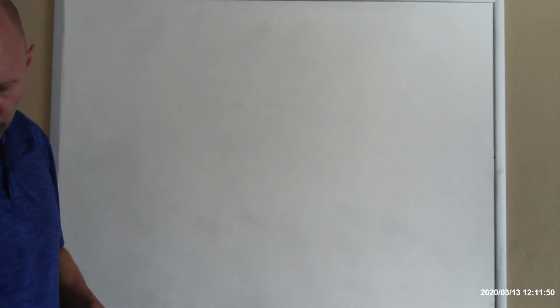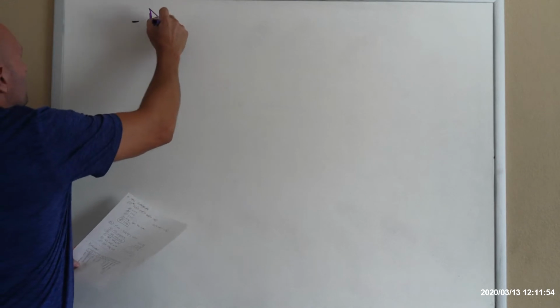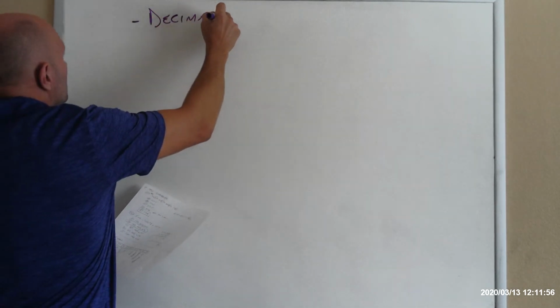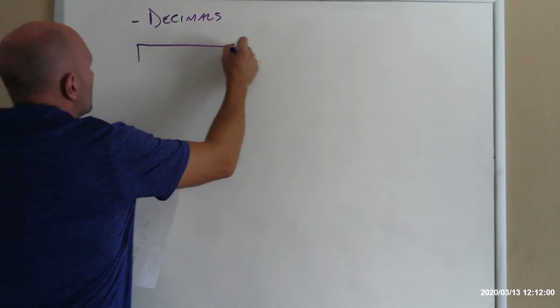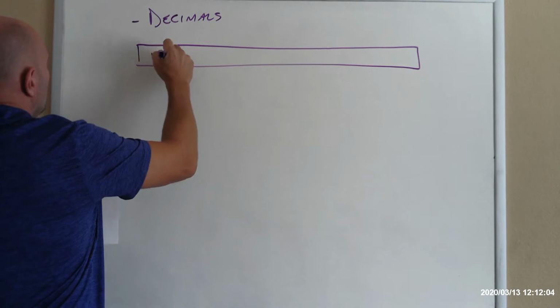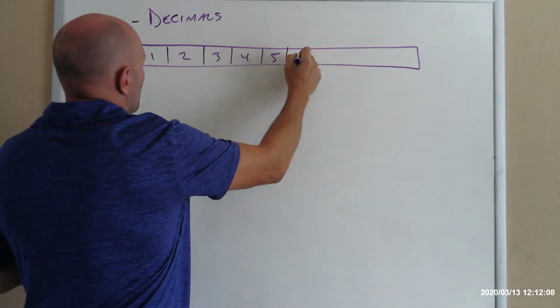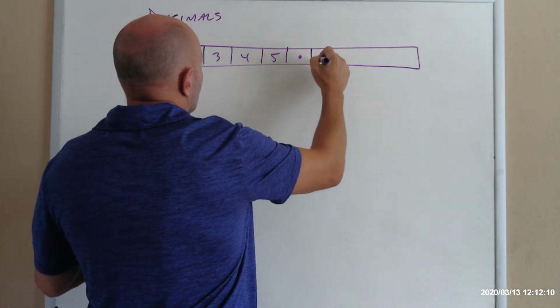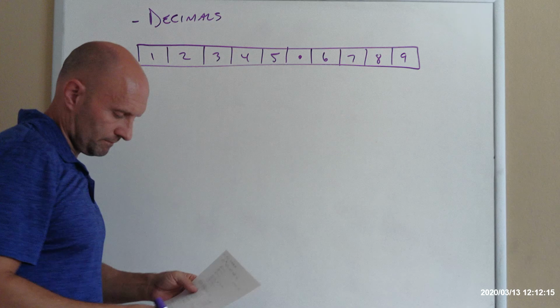So next we have decimals. So let's say we have the number 1, 2, 3, 4, 5.6, 7, 8, 9.